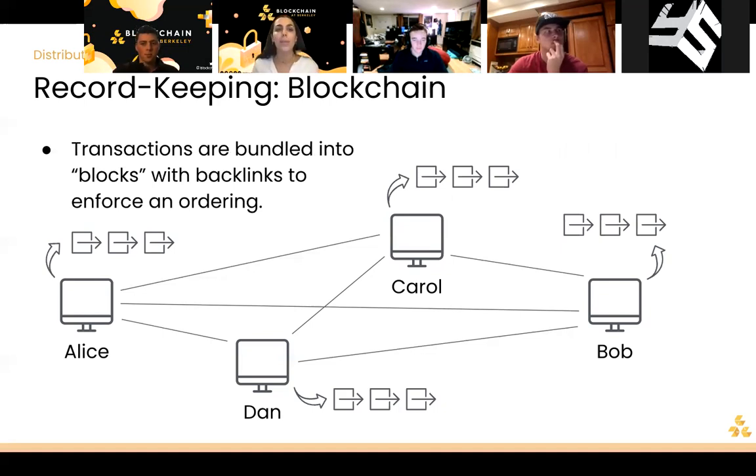And so what ends up happening is that we bundle these transactions into blocks, and that's where the block in blockchain comes from, with backlinks to enforce an ordering. So each block references the block before it and the block before it and the block before it. This is just to ensure that we have valid transactions happening, that we're operating on the most up-to-date chain, a valid chain. And so this enforces an ordering within the blockchain.